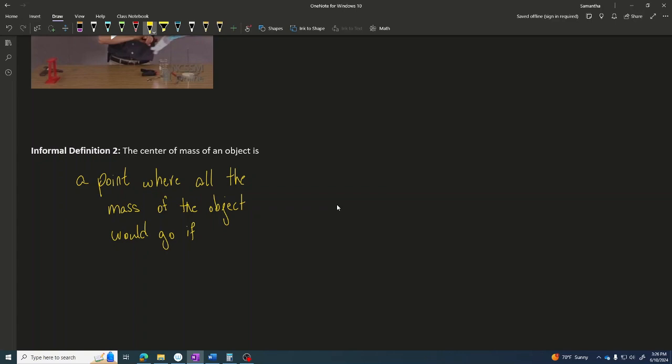If you were to treat the object as a single point.